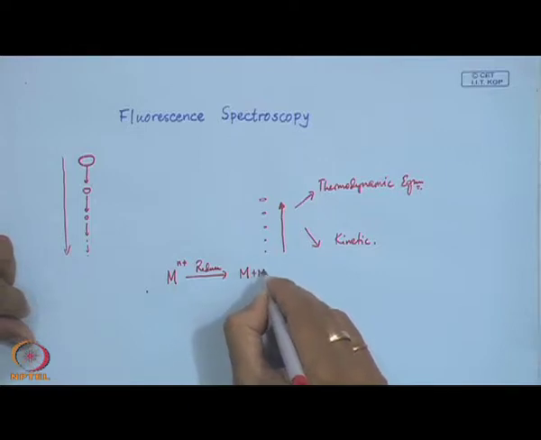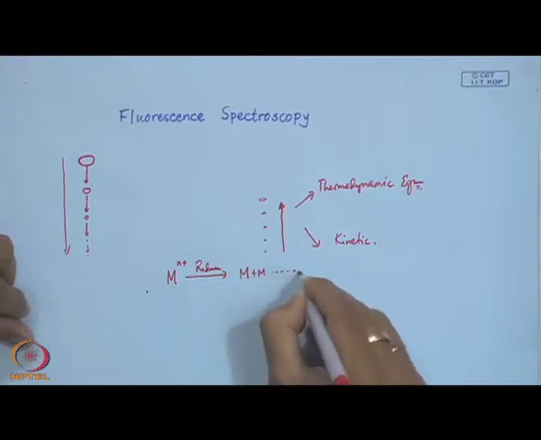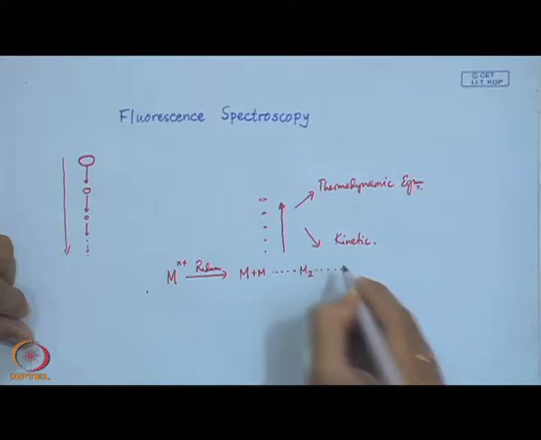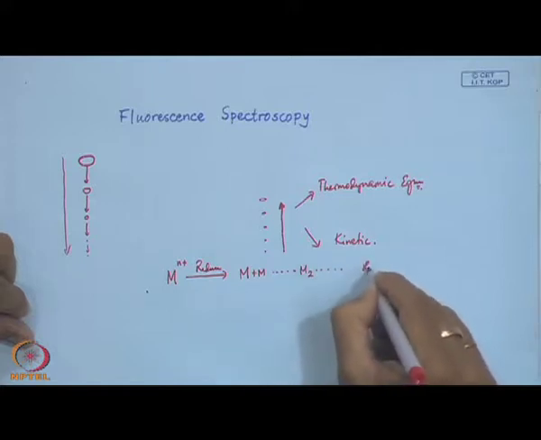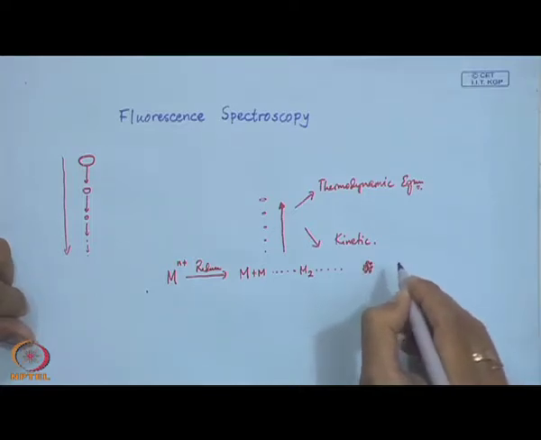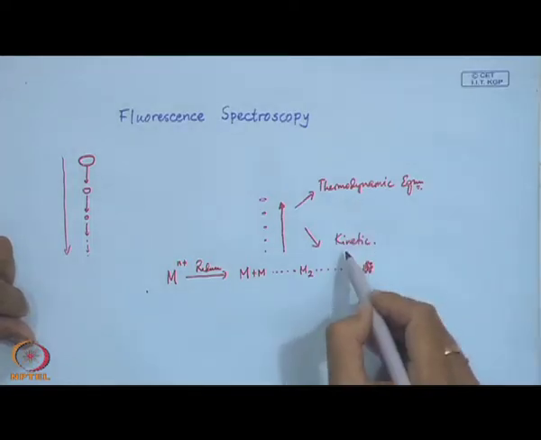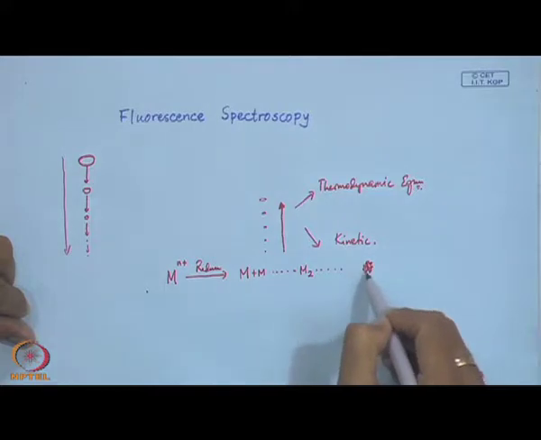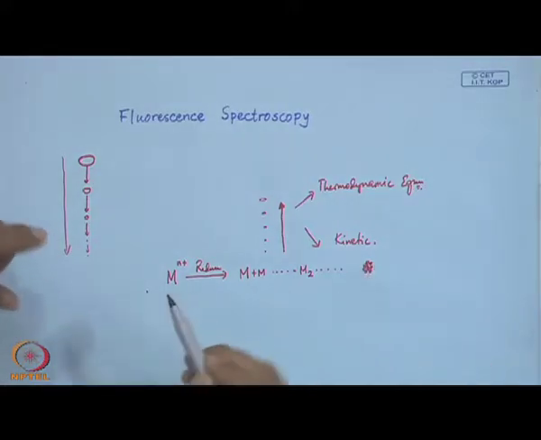So, M plus M gives you M2, and so on, and this way you generate small nanoparticles. Depending on whether it is a thermodynamic equilibrium process or kinetic process, the particle size will also vary.